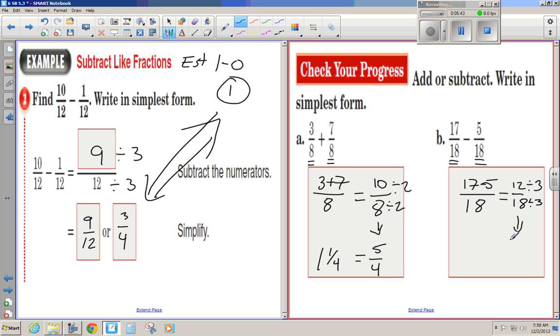That would give us 4/6, which can be divided by a factor of 2, which ends up giving us a total answer of 2/3. So for this checking your progress, I would leave it as 5/4. This one is 2/3.